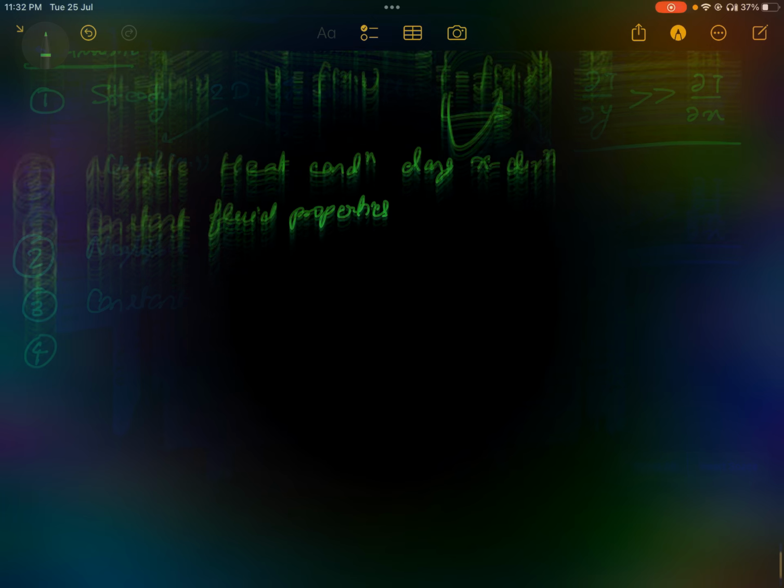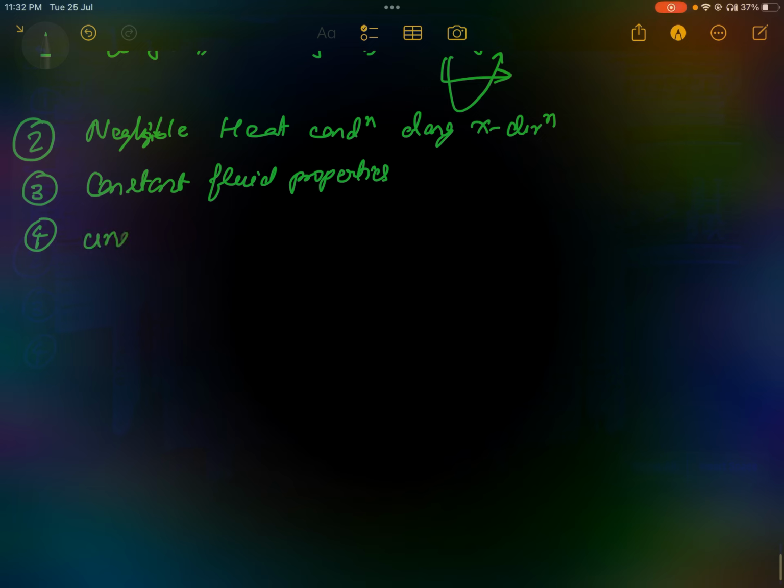Fourth, we have assumed unit depth perpendicular to the plane of the figure. These are the assumptions.